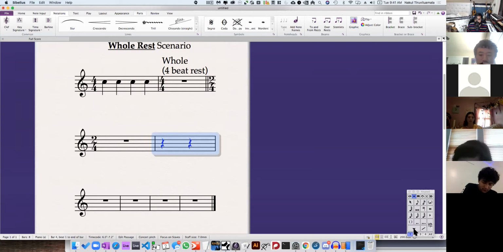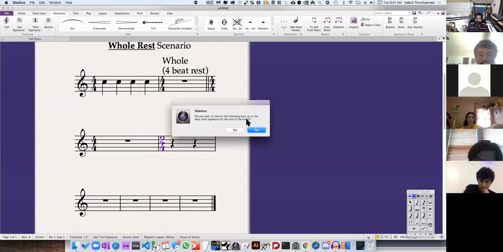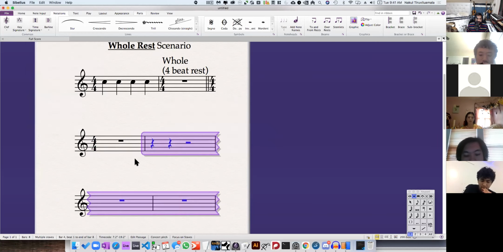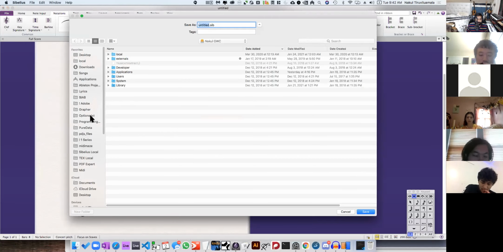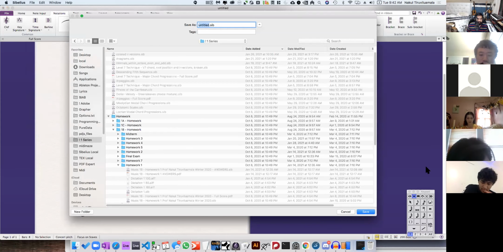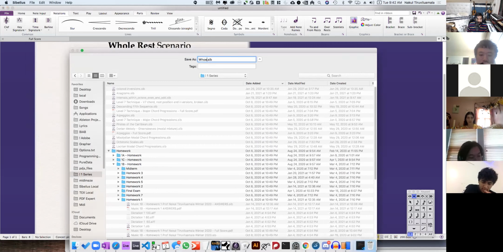Actually, let me come back to the 4/4 example. Okay, so let me save this really quickly. Whole rest versus half rest versus bar rest.